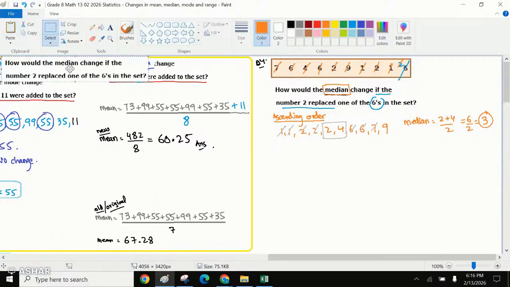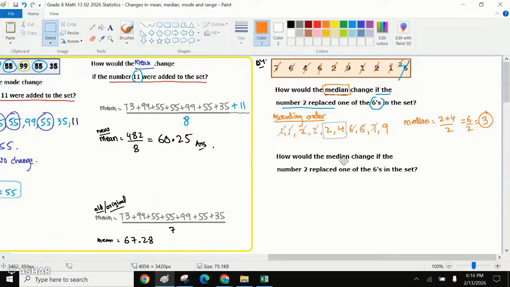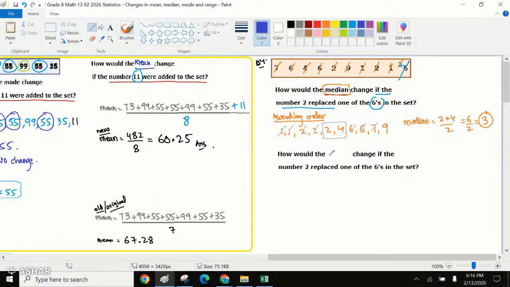Okay. If the same question, I would say, how would the mode change if the number 2 is one of the replacements of 6, right?